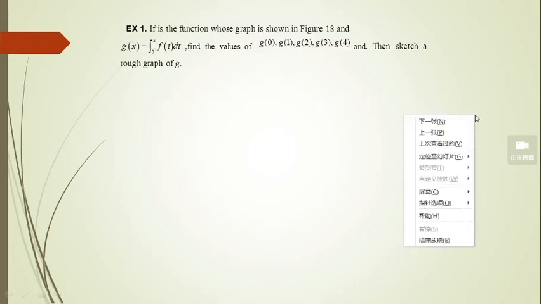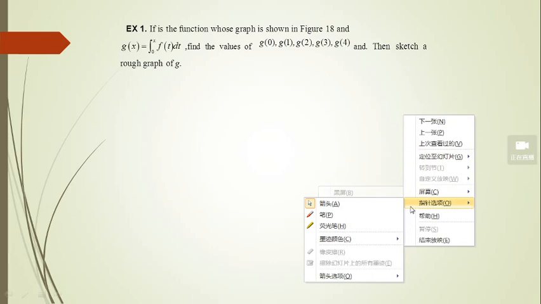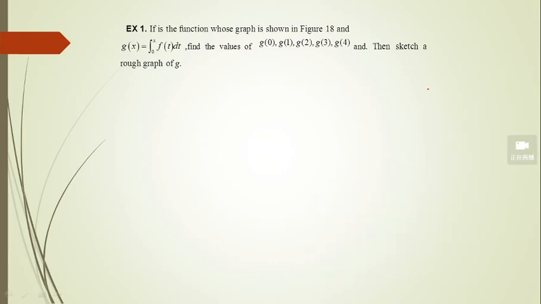Now we are going to look at the examples, to work out some function g values. So example 1: f is a function, of course we use t. The reason we choose t is to avoid confusion between the upper bound x and the independent variable here.